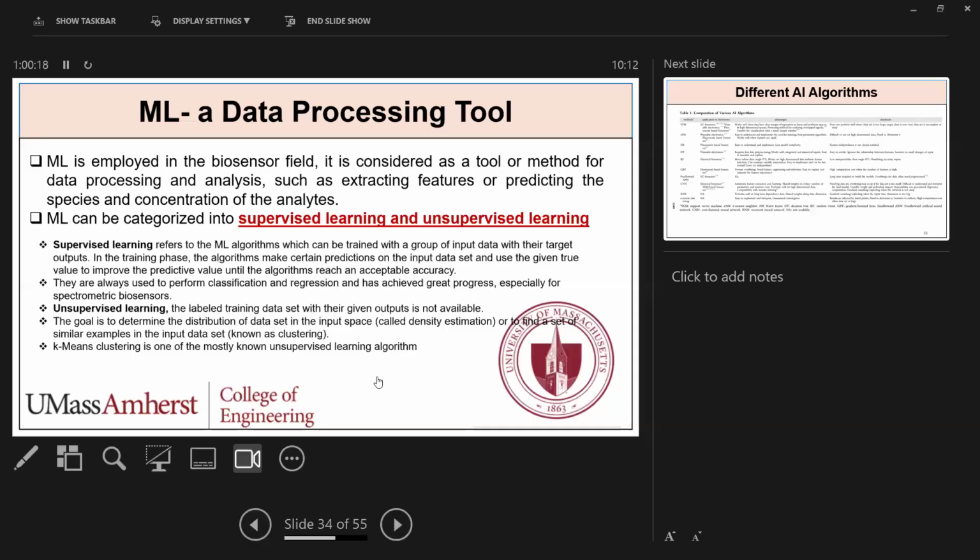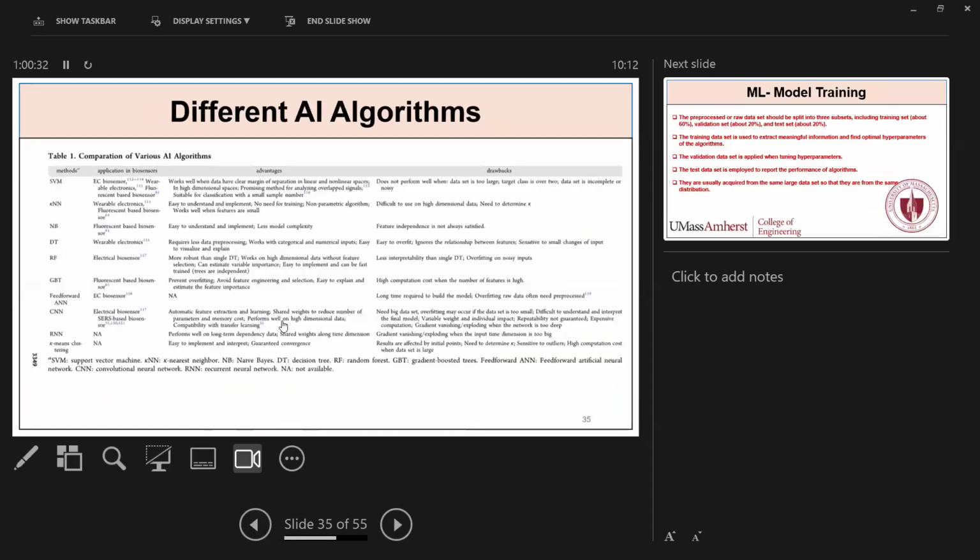It's mainly based on the training of that particular model: whether you train with a group of input data with target outputs, which is supervised learning, or with no given outputs available, which is unsupervised learning. And one more thing: whatever machine learning algorithm we write or develop depends on the input and however we train the model, right?